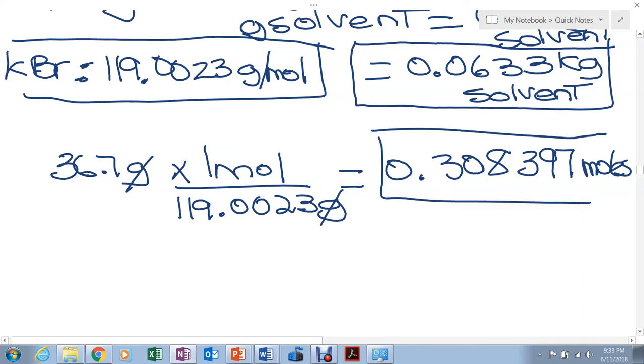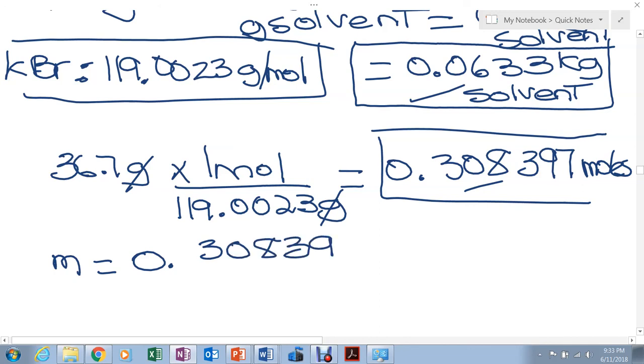Now what we have to do is use it in the formula. We've got the kilograms of solvent, we've got the moles of solute, so molality would be the number of moles, 0.308397. If you use exactly all the decimals you may not get exactly the same, because my answer is with fewer decimals.